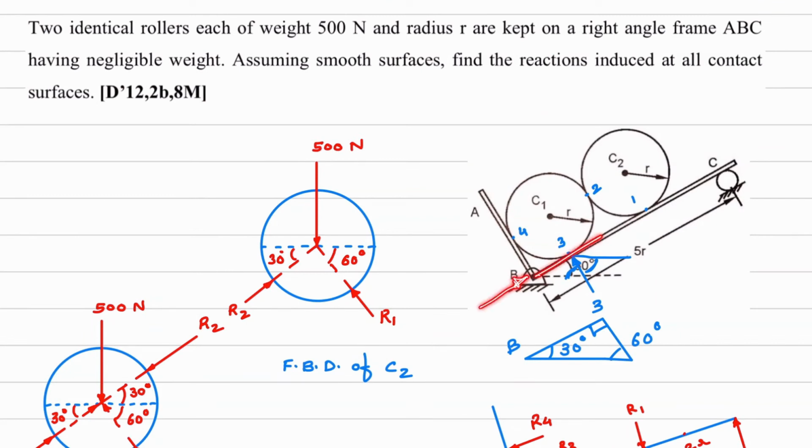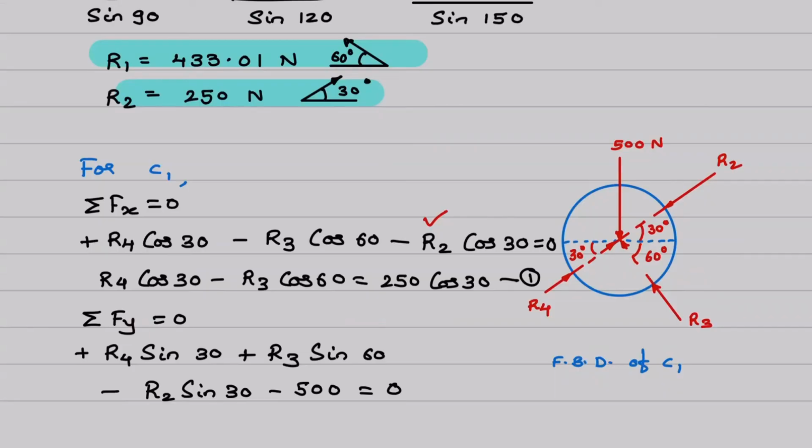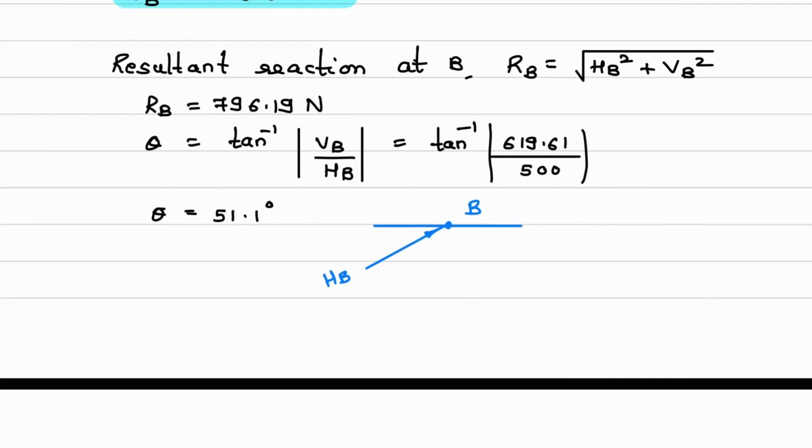It is parallel to this BC, actually collinear. So this angle is how much? 30 degree. So this angle is 30 degree. Then VB will be perpendicular to that. So this will be VB, which is perpendicular to HB.